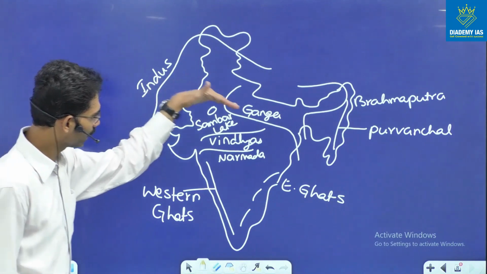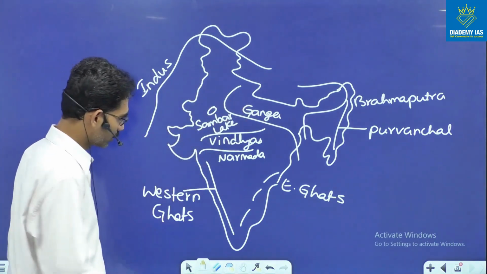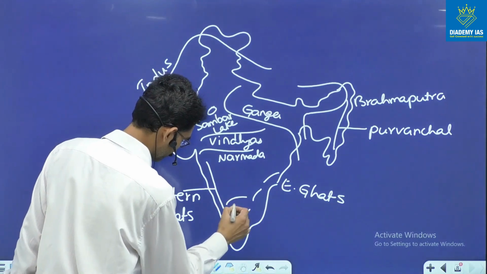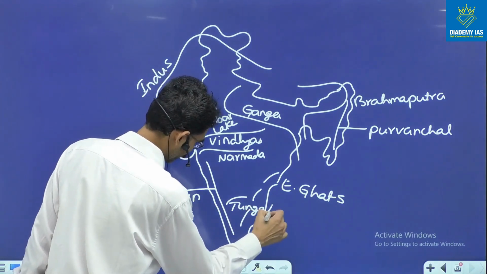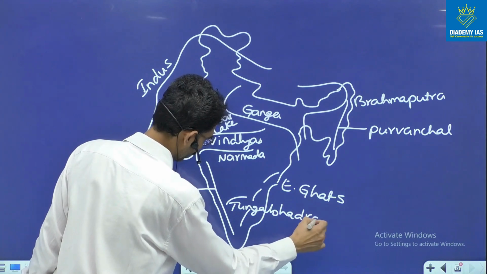Indus River, Ganga River, Krishna, Tungabhadra.